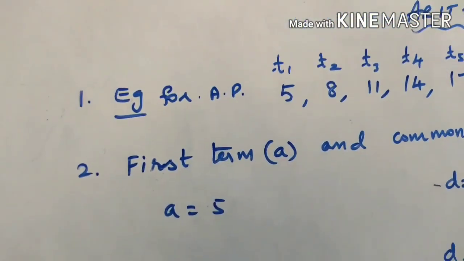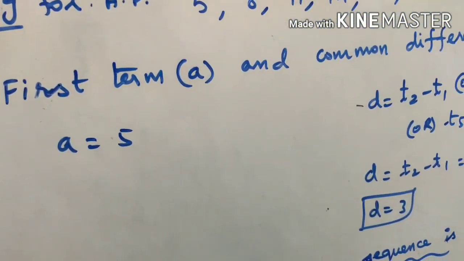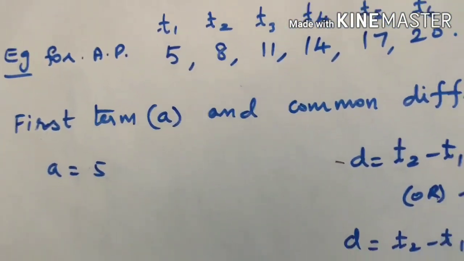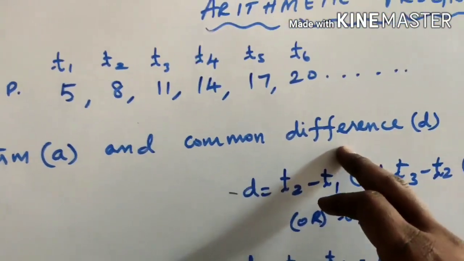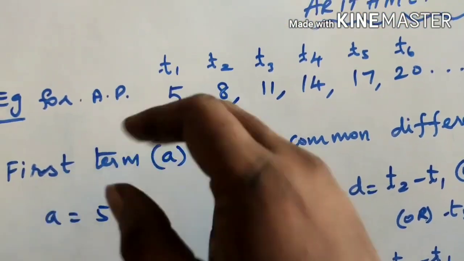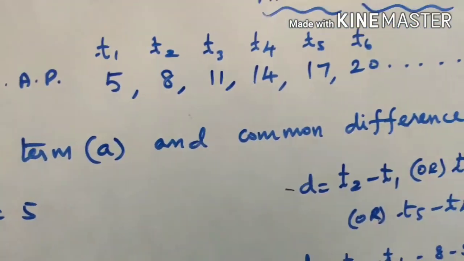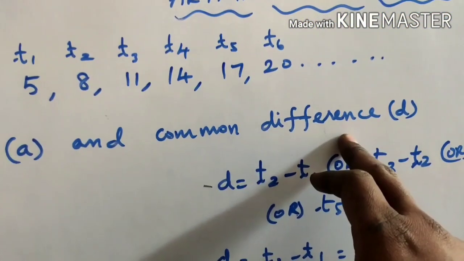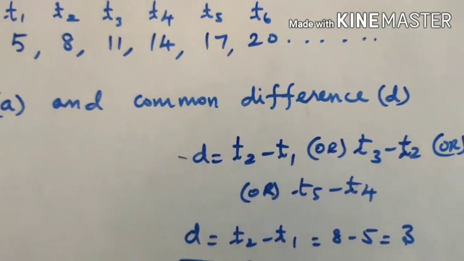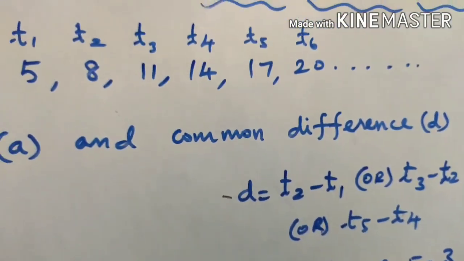Only the first term is symbolized with the letter A. Okay, and common difference, that is what we saw, no? This is added with a common number, that is 3, and that is called the common difference. Okay, common difference D.